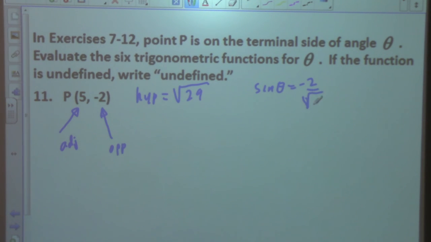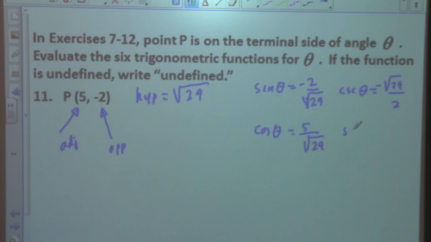Did you make a drawing of this too? Yes. Okay, we'll do that too. Cosecant of theta is square root of 29 over -2. I'll put the negative up here. Cosine theta is 5 over square root of 29.